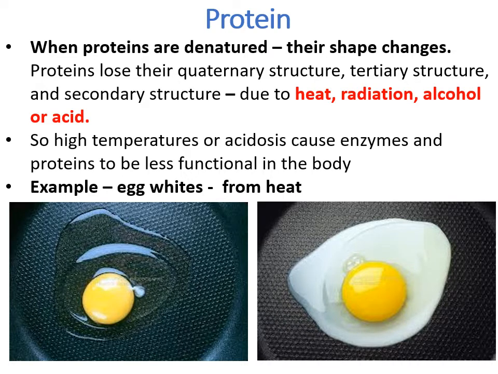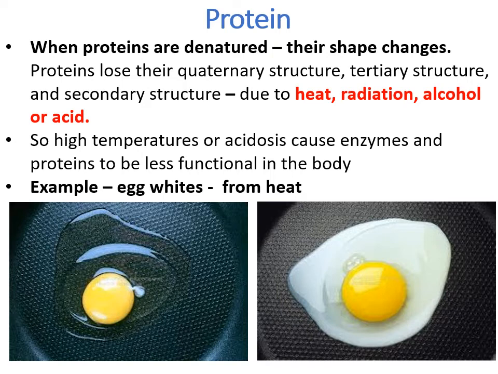Okay, so what can damage a protein? Which is kind of important, right? Because we don't really want to damage proteins in our body. But if we're talking about the body, what can harm proteins? Well, heat, radiation, alcohol, or acids.